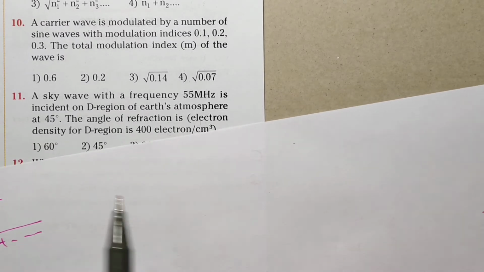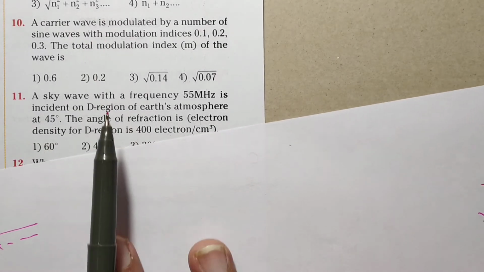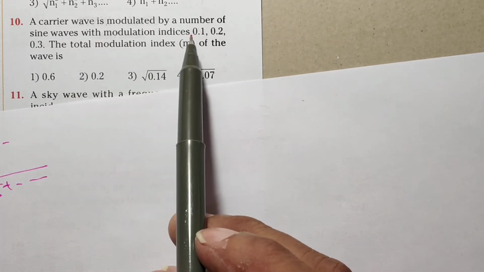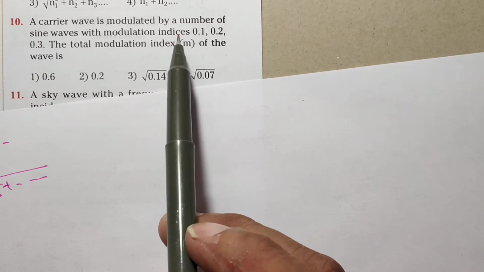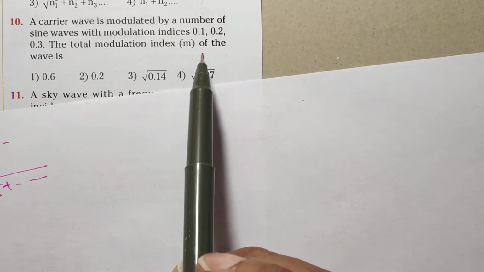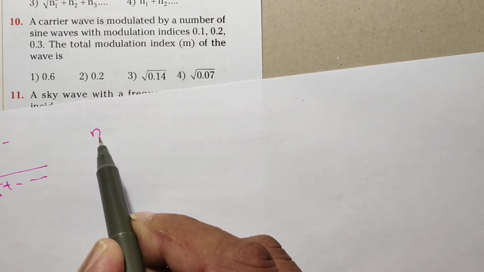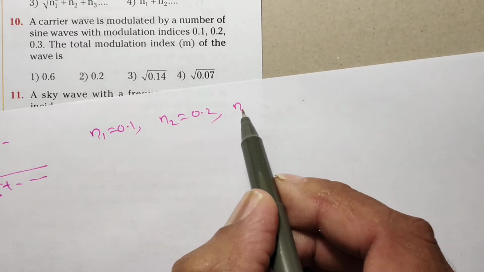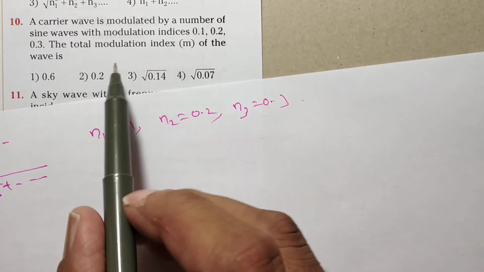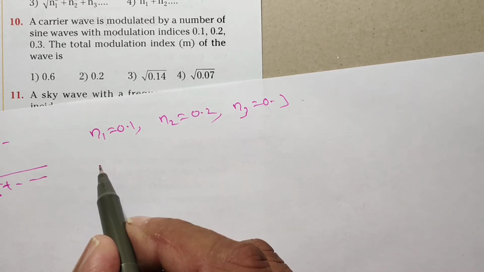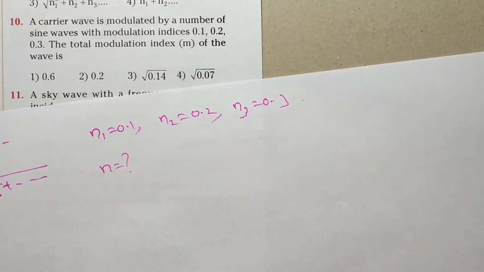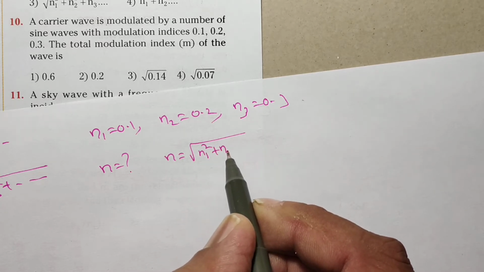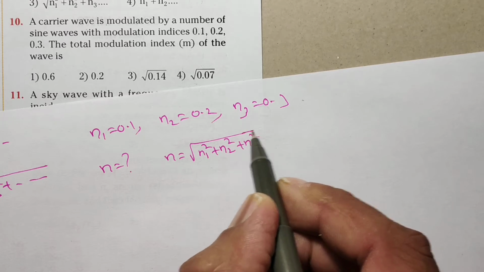Tenth question. A carrier wave is modulated by a number of sine waves of modulation index. The n values they are giving are n1 0.1, 0.2, 0.3. We have to find the total modulation index. From the previous question we know that n is equal to the square root of n1 square plus n2 square plus n3 square and so on.